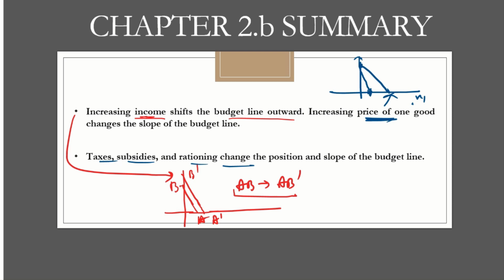If the price of x1 decreases, the shift will be in this direction, from AB to AB prime or AB double prime. And finally, for taxes, we know the implications of the ad valorem tax, the lump sum tax, and the quantity based tax, which we have talked about.